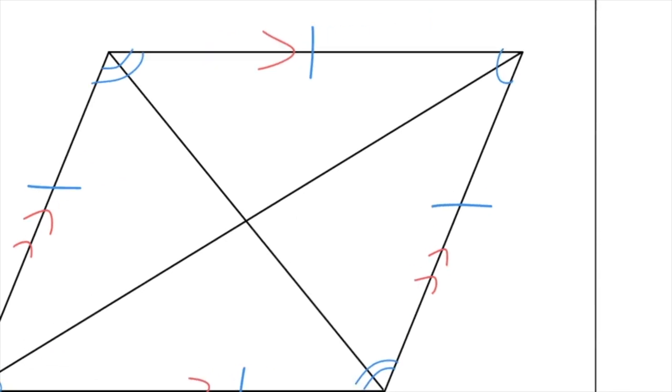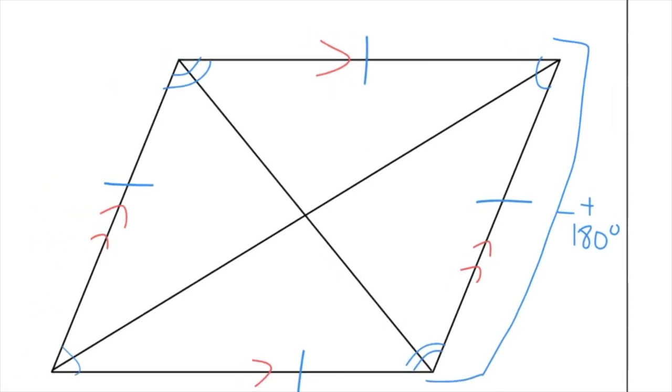We know consecutive angles have a sum of 180 degrees, which means any 2 angles that are next to each other. So those 2 angles or those 2 angles or so on, okay? It says the diagonals bisect each other. We've seen this one before, so that's congruent to that. That's congruent to that.